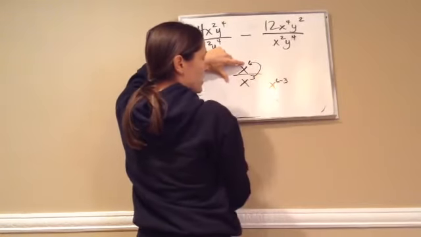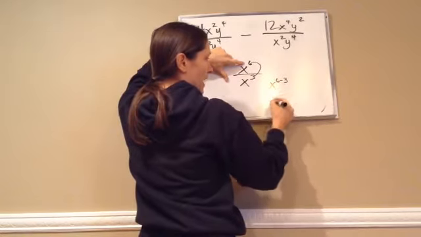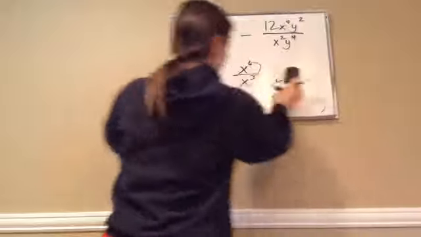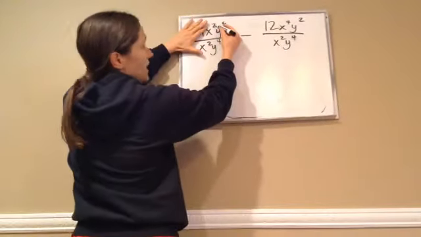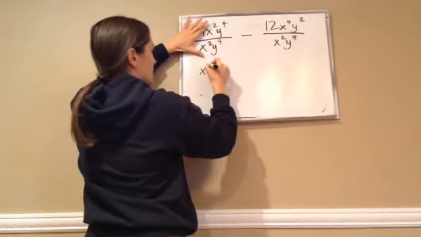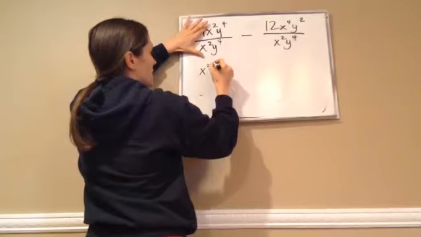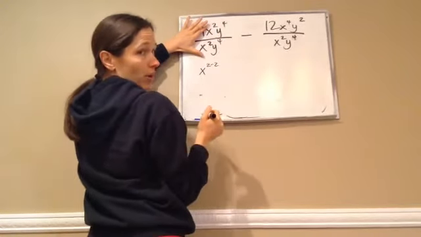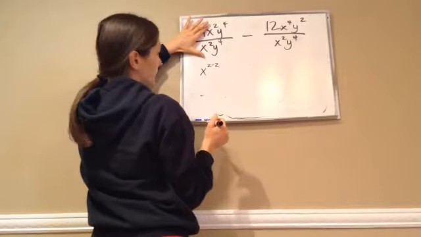So 6 minus 3 becomes x to the 3rd power, right? Mm-hmm. So, let's look back up at our problem up here. We've got x to the 2nd power, x to the 2nd power. So guess what happens? X to the 2nd minus 2 becomes 0, right? Yep. So guess what happens to the x's?